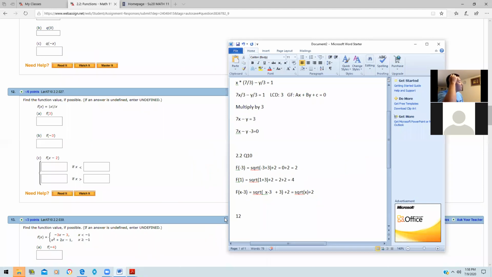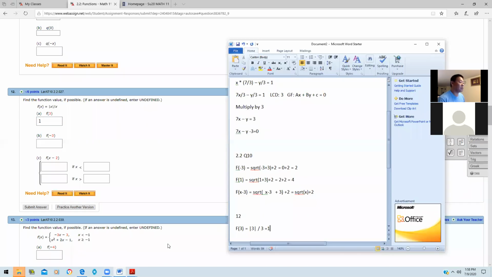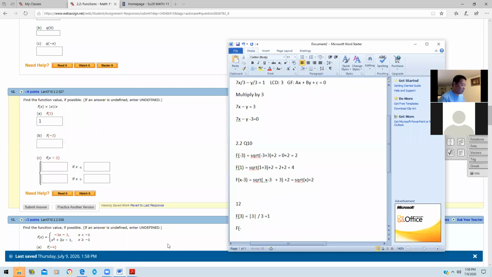Okay. So the first question is asking us to do f of 3. f of 3 is easy because you just put in absolute value of 3 divided by 3. So this will give me 1. Next is f of negative 3.